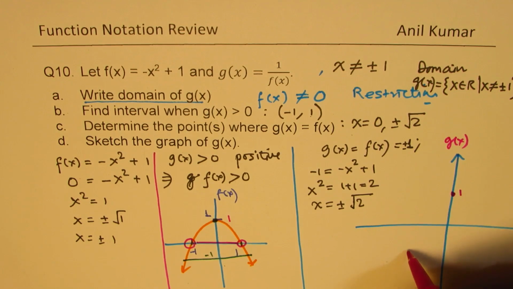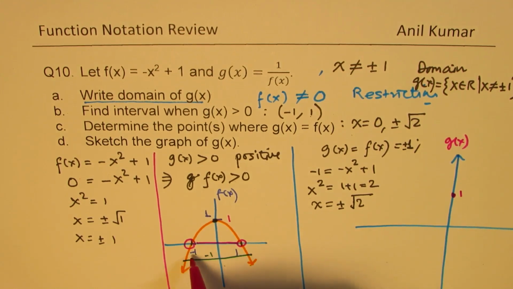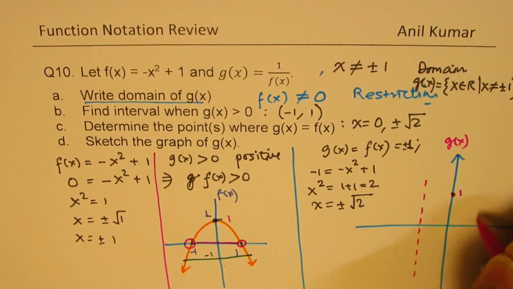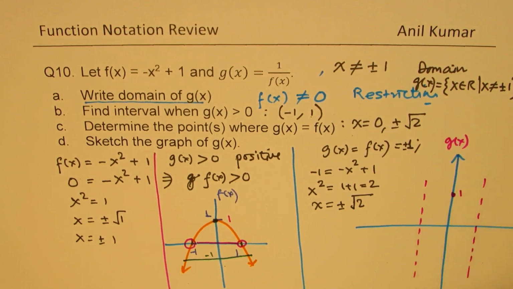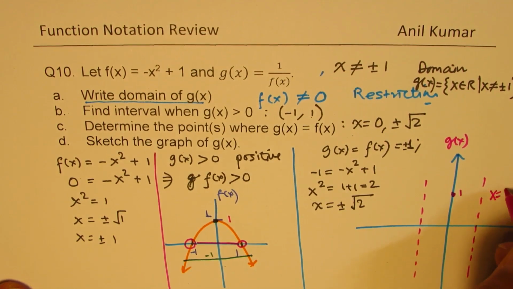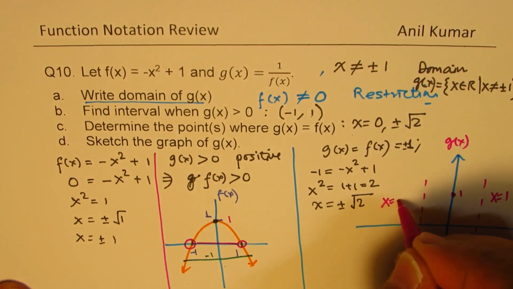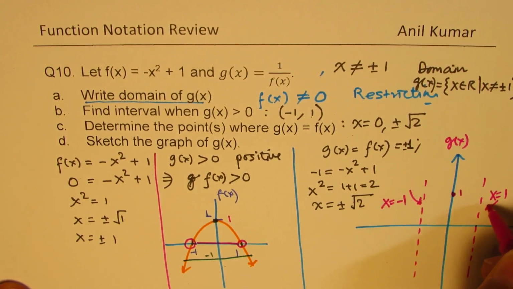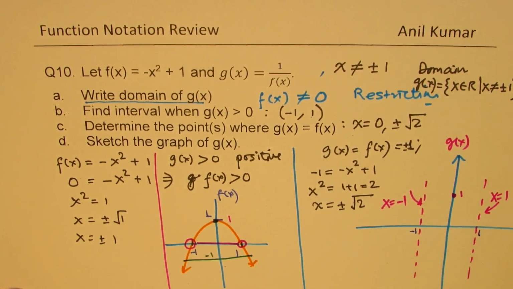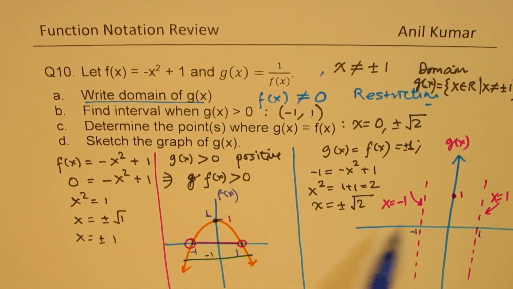Now at x equals minus 1 and plus 1, the zeros are there, so we have vertical asymptotes here, correct? So these are the vertical asymptotes which we are going to have at x equals 1 and at x equals minus 1. So these are the two vertical asymptotes. Since 1 over 0 is not permitted, it is not in the domain of the function.